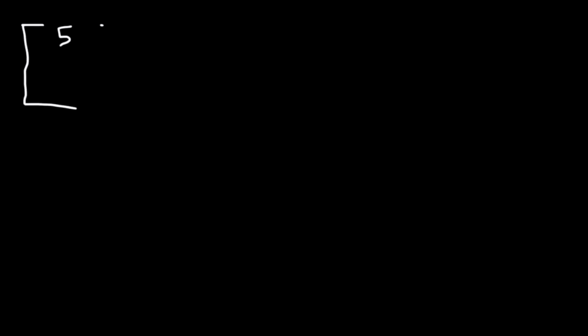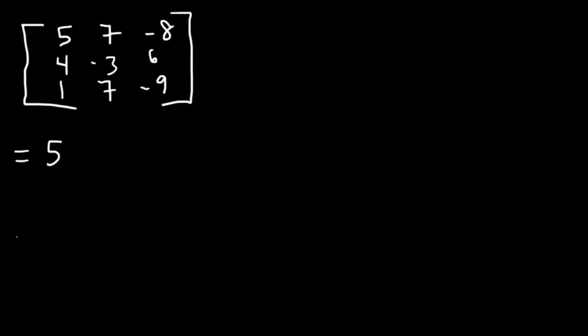Let's say this is 5, 7, negative 8, 4, negative 3, 6, 1, 7, and negative 9. Go ahead and calculate the determinant of this 3 by 3 matrix. So the first number is going to be 5.